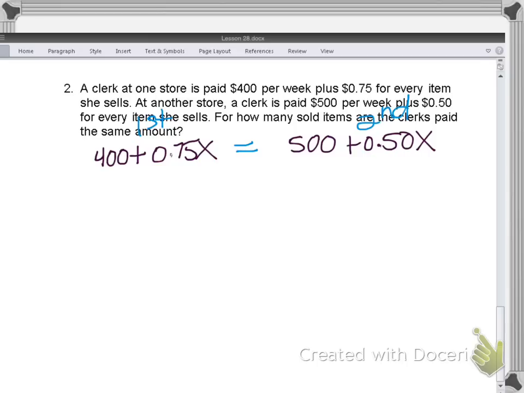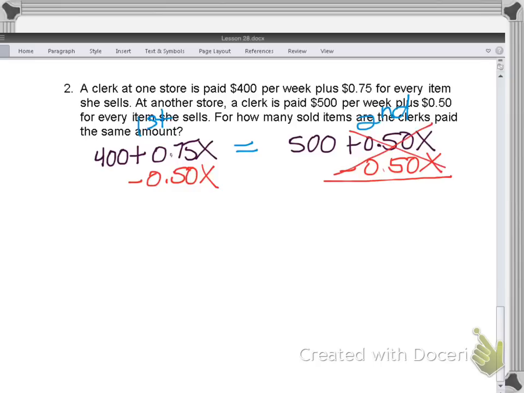So there's no inclusion symbols, there's no like terms on the same side of the equal sign, so we're going to move all of the x's over to the left. And the reason I'm going to move this one instead of the 0.75x is because this one is smaller, and I know if I subtract it, I won't end up with a negative. So I'm going to subtract 0.5x on both sides.